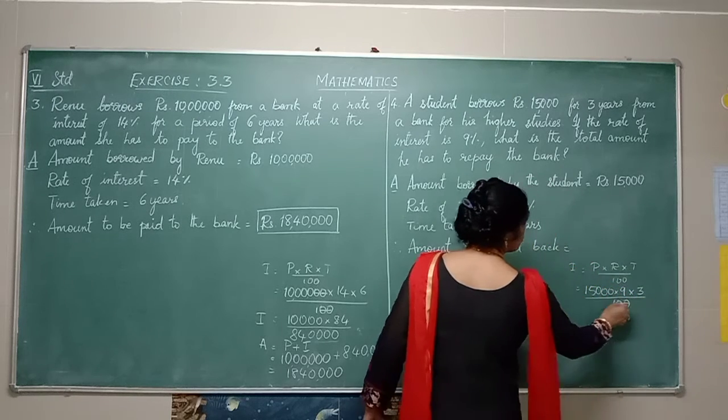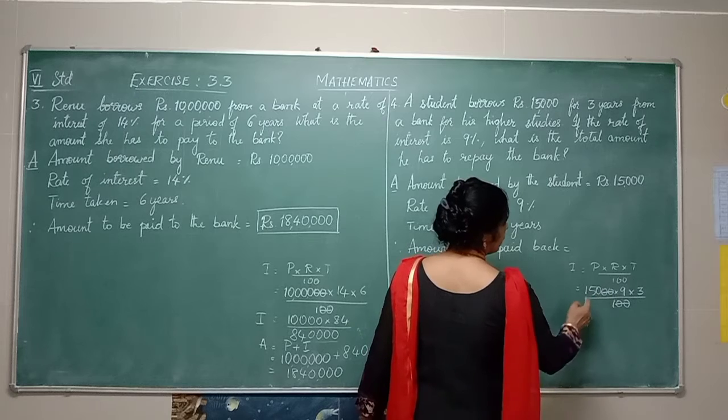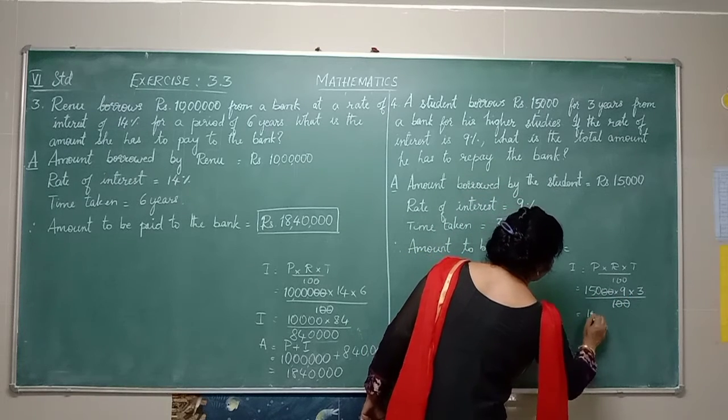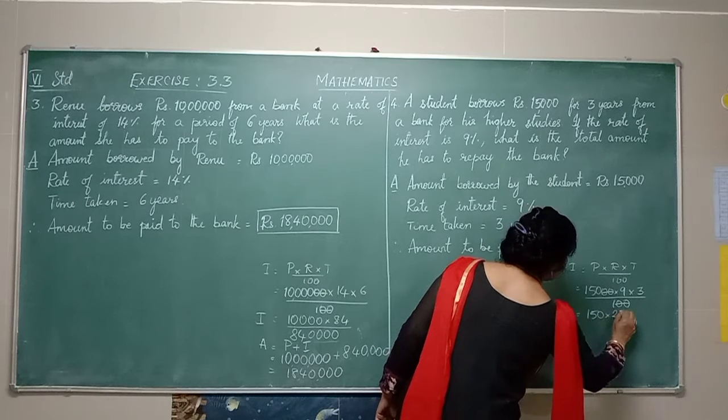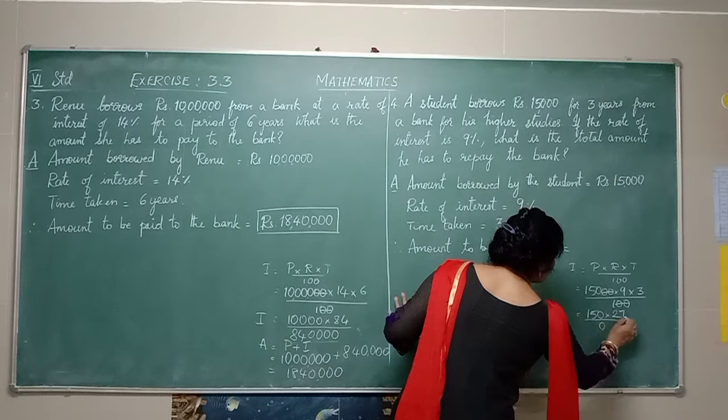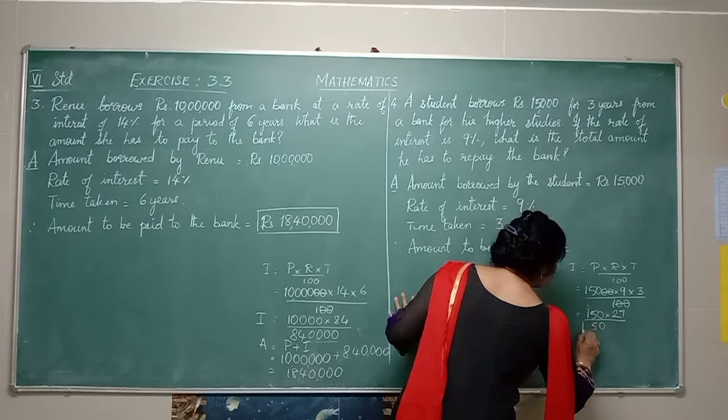So these 2 zeros cancel 2 zeros. So 150 into 27, 9 threes are 27. 150 into 27. 7 zeros are 0. 7 fives are 35, 5 carry 3. 7 ones are 7 plus 3 is 10. Plus 2 zeros are 0. 2 fives are 10, carry 1. 2 ones are 2 plus 1 is 3.